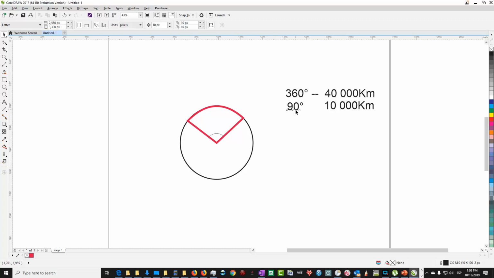Of course, if you have another value, maybe 35 degrees, you can multiply 35 by 40,000 kilometers and then divide it by 360 degrees, and then you will have the proper value.